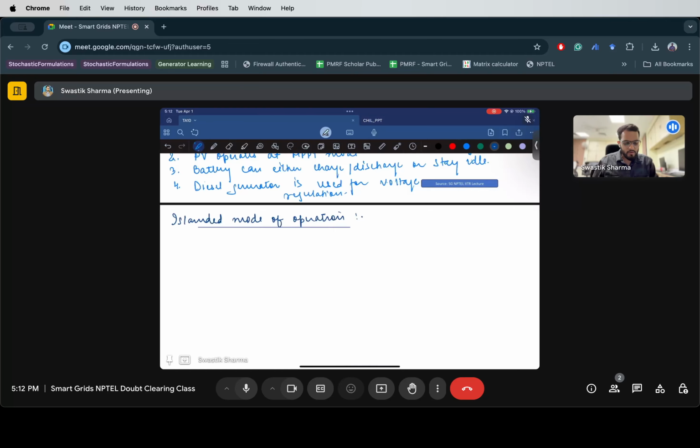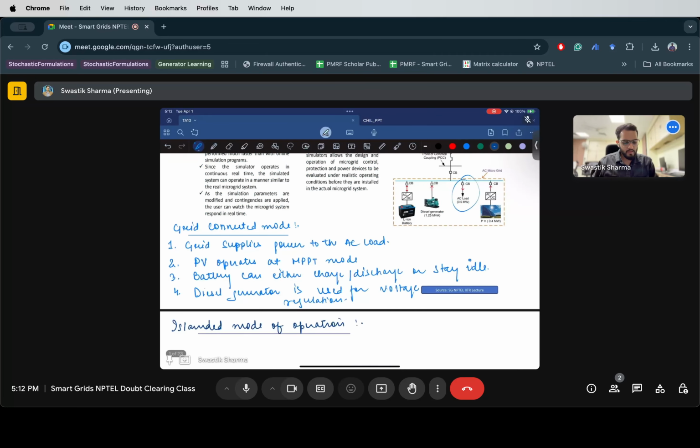Now, if that is the case, we have to empower the load, and we have a PV array, a battery, and a diesel generator. This has been talked about a lot when we were studying the AC microgrid, but let me ask a question.